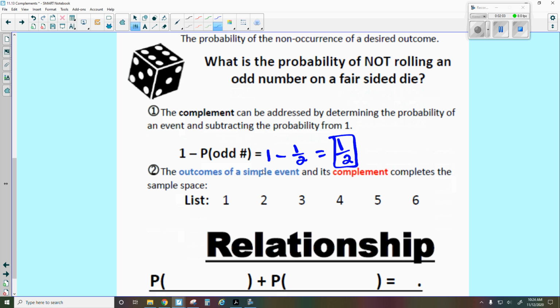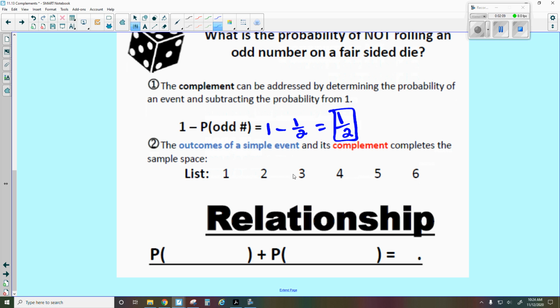So the outcomes of a simple event and its complement complete the sample space. So not odd, right? And not odd numbers are even, which is 2, 4, and 6.